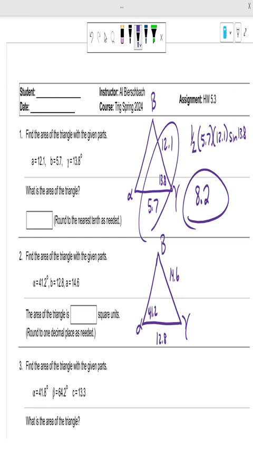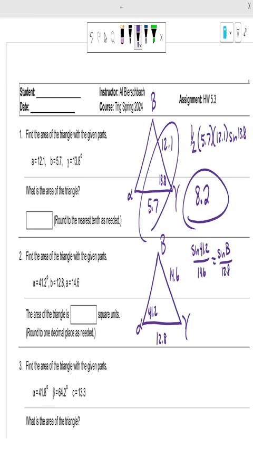We need to get side angle side or else side, side, side, but I'd rather get side angle side. Okay, because the formula is a lot quicker to use. So, but we have some opposites going on here, right? So since we have opposites, we can go, well, the sine of 41.2 over its opposite side of 14.6 equals the sine of beta over 12.8.